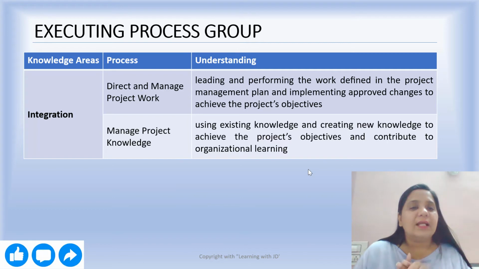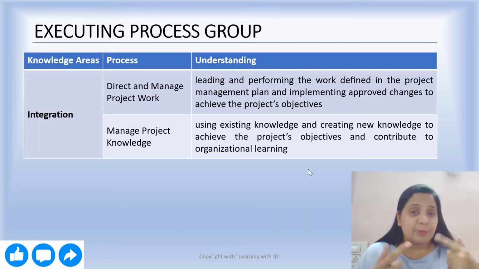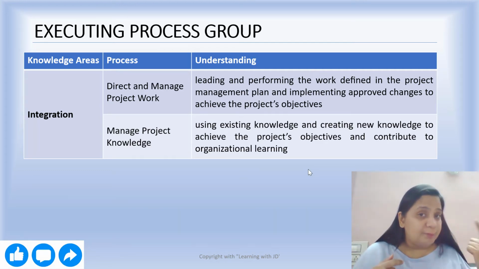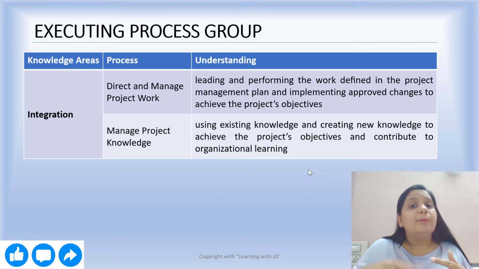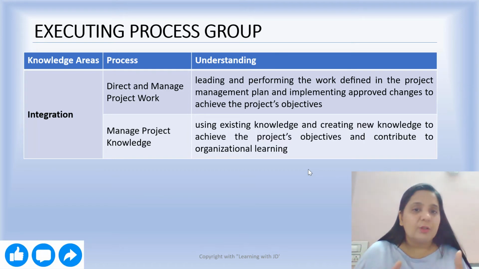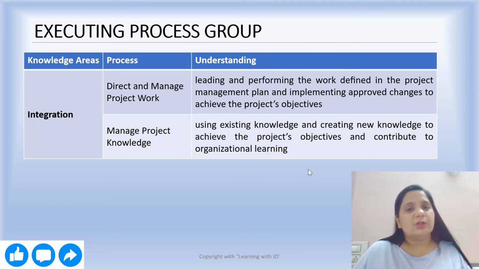So two key things that the direct and manage project work process does are leading and performing the work defined in the project management plan, which the project manager did at the time of planning, and implementing the approved changes that the change control board would have approved to achieve the project's objective. Got that? All right.